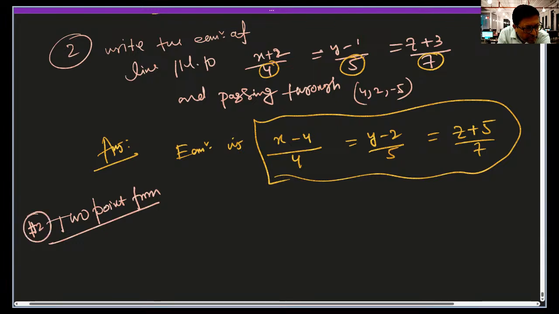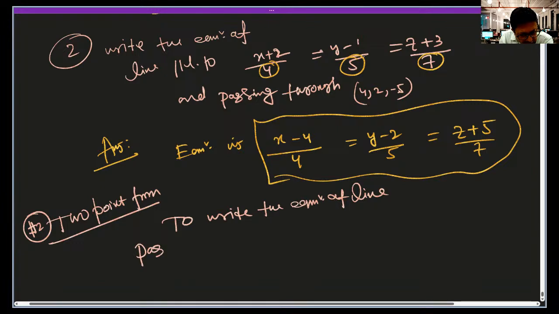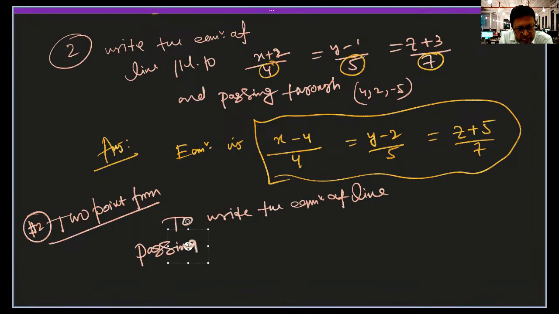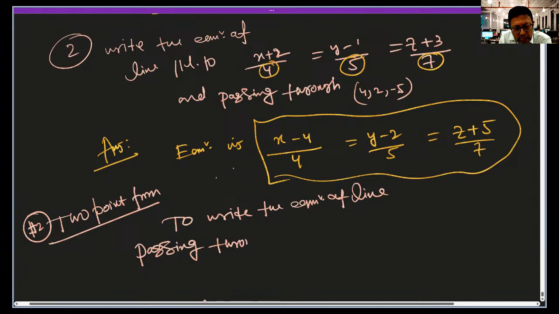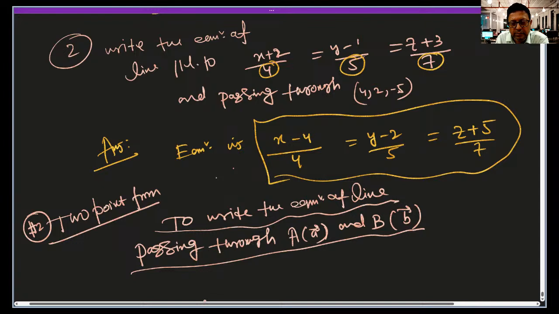Two-point form. Points are enough, we don't need direction ratios.